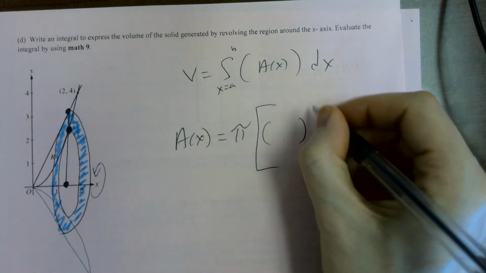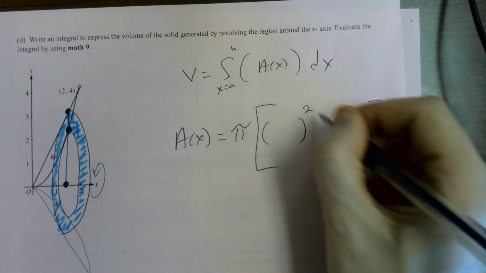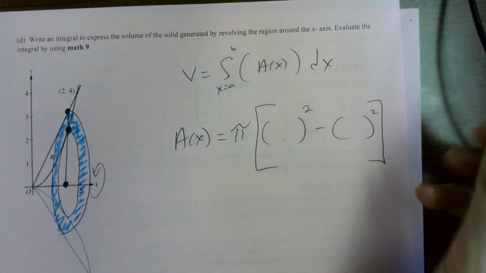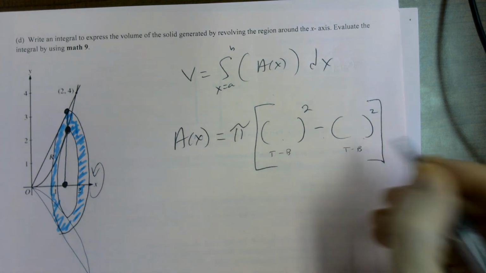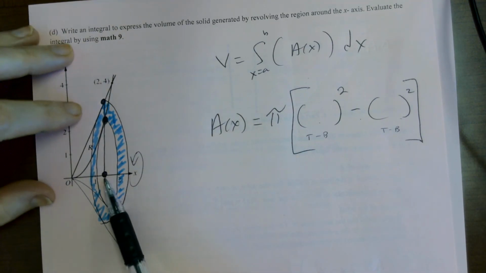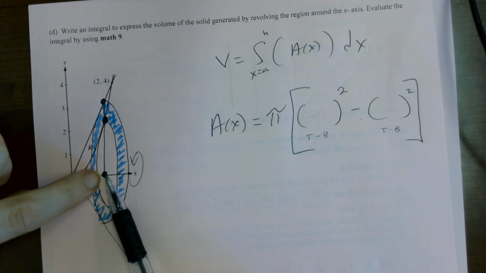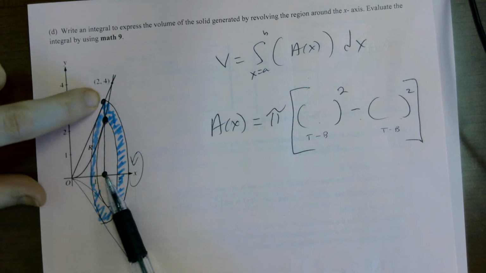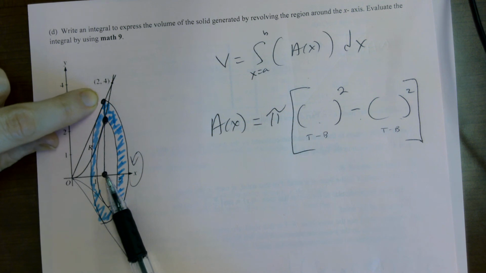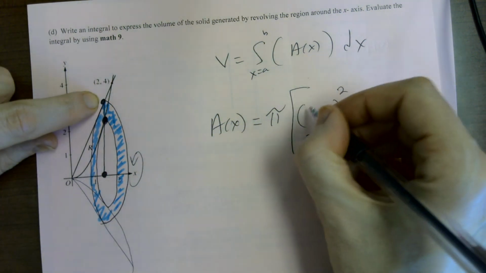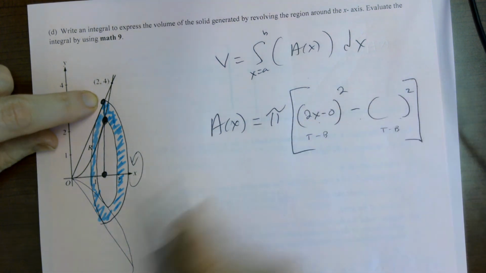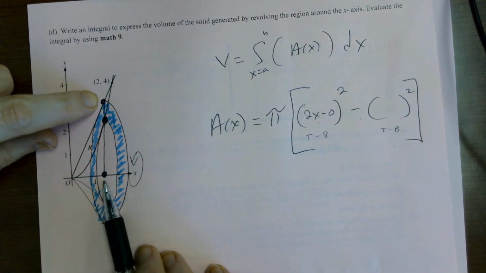So the big radius: I have to use top minus bottom for both of these. The big radius is from the center of the washer all the way out to the end of it. So top minus bottom, top is 2x minus the bottom is 0.